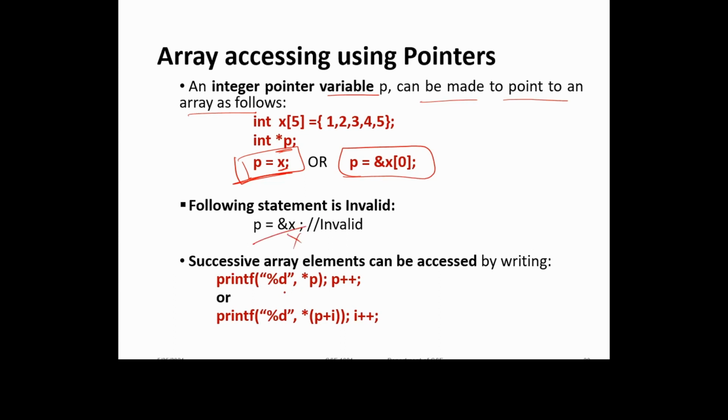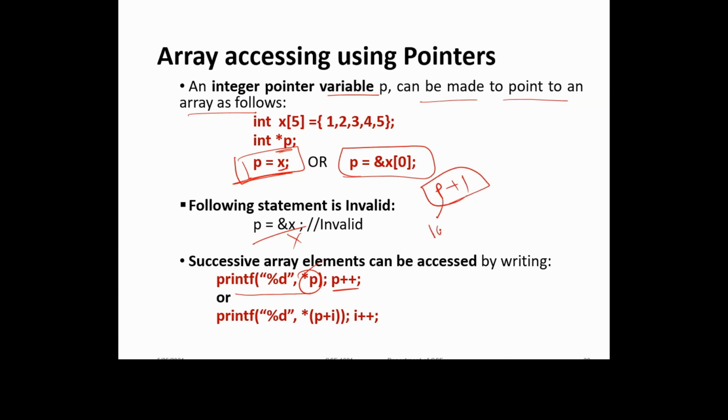Now we can access the successive array elements and print them like this. How? printf("%d", *p), and we can increase the value of p: *(p+1), *(p+2), *(p+3), like this. Here it is p + 1. p + 1 means the next memory location.